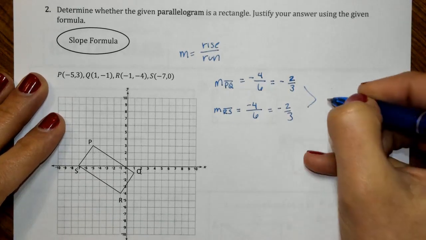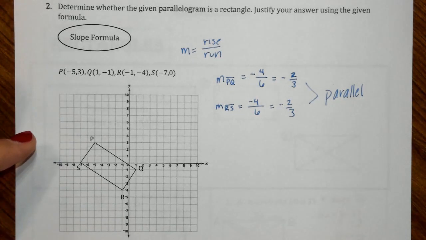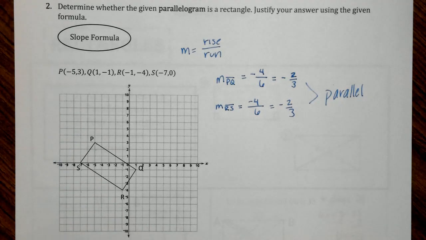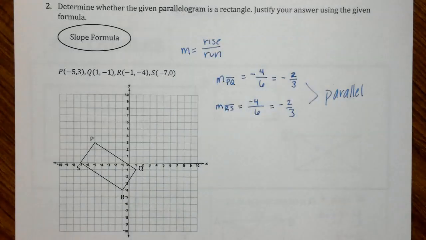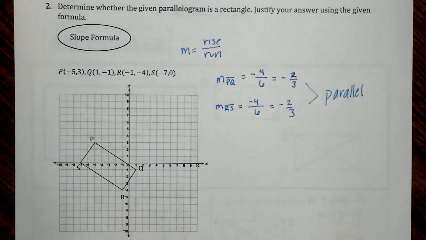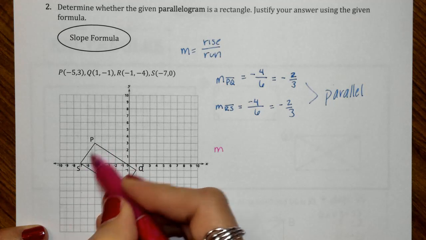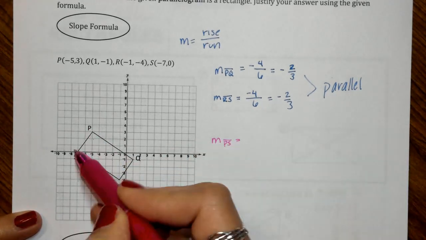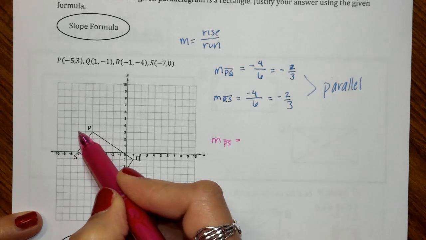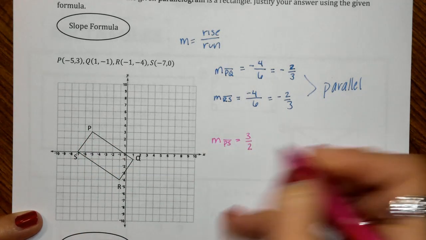So we do have parallel sides. Again, you have to check the other two. On the previous one, I'm not 100% sure they were parallel, but you have to make sure that both pairs of opposite sides are parallel. So moving on to the slope of segment PS right here, we have a rise of 1, 2, 3 and a run of 1, 2. Rise of 3, run of 2.